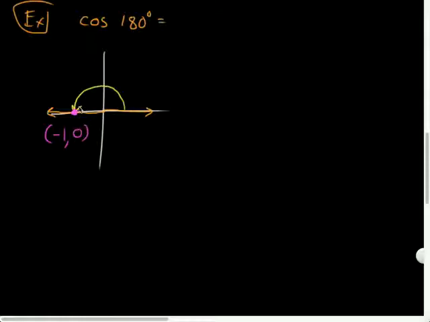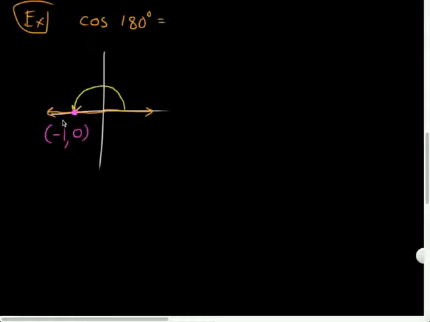But we're going to use the unit circle to find the value of cosine 180. Since cosine is a ratio of adjacent to hypotenuse, no matter what size I scale that circle up or down, no matter what radius it is, the ratio is always going to be the same. So using the unit circle can be a nice way to simplify it for starters.